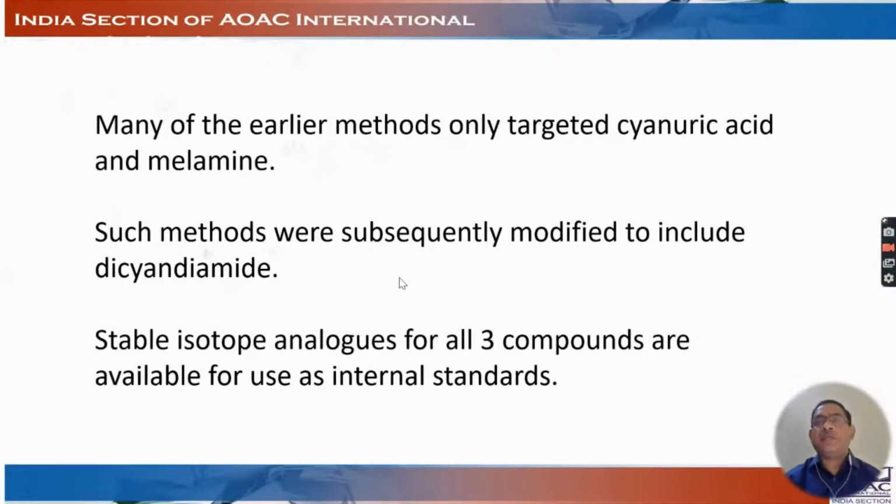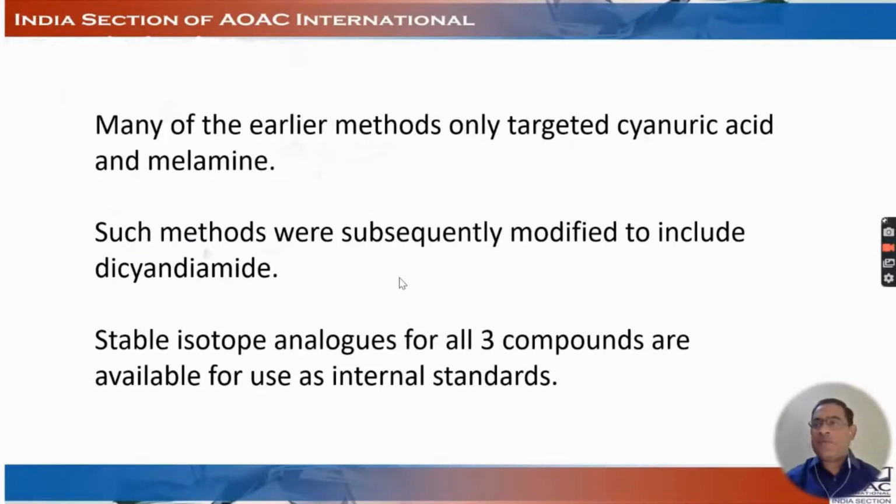But since the issue of dicyandiamide was also reported from certain places in milk and milk products, the methods were subsequently modified to include dicyandiamide also in the analytical workflow.